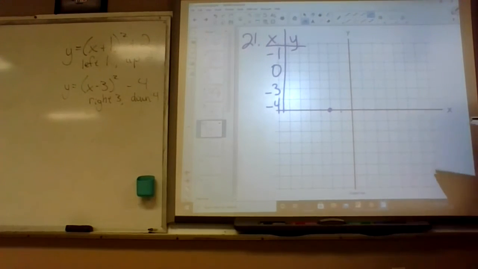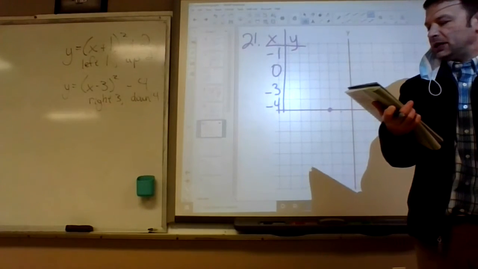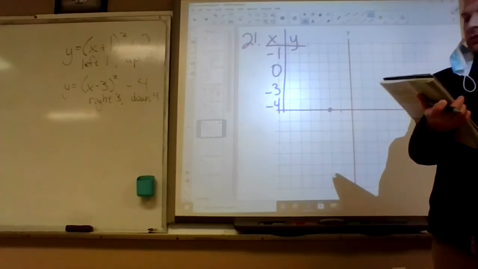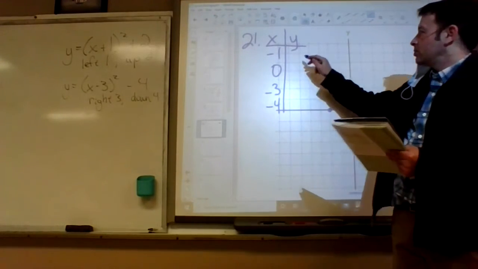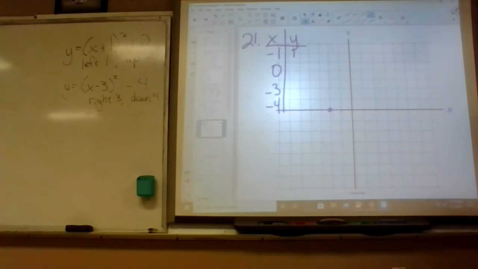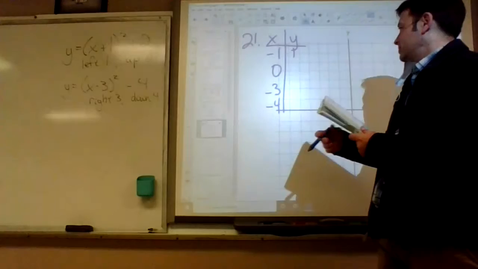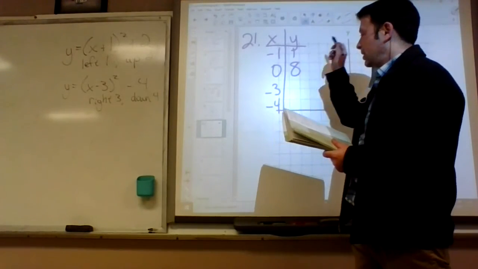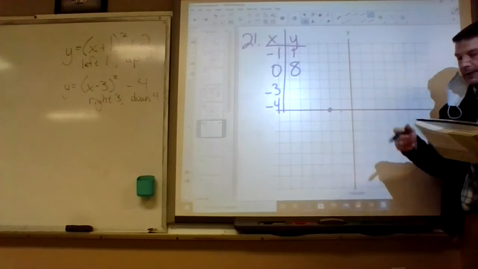If I plug in -1, -1 plus 2 is 1, and 1 cubed is 1 times 1 times 1, which is 1. If I plug in 0, 0 plus 2 is 2, and 2 cubed is 2 times 2 times 2, which is 8.